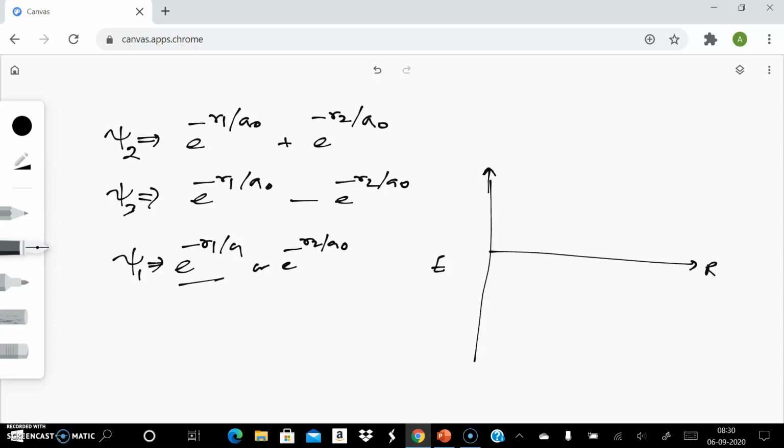Suppose if you plot this or this, you will get a graph something looks like this. It goes to minimum and then increases. This is for psi1.